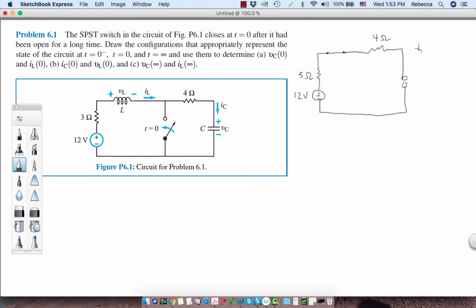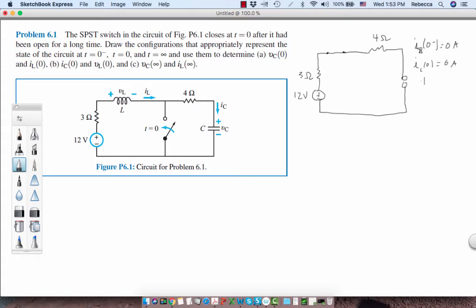So we have that IL of 0 minus equals 0 amps. And we know that current can't change instantaneously through an inductor, so IL of 0 must also be 0 amps.